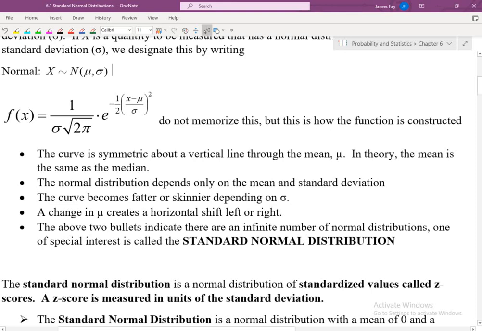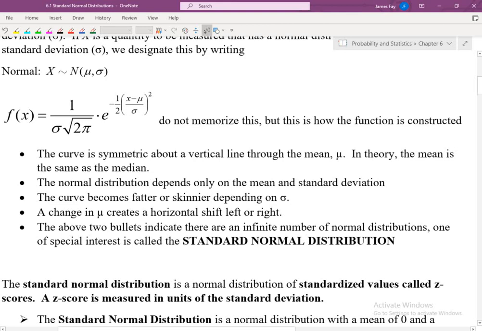Sigma is a real number, 1/2 is a real number, x is our variable, mu is going to be a real number. And mu, though, is a variable value. And so is sigma. So those are the only two things that are going to dictate what our curve looks like. Like I said, we like to make mu 0 and sigma 1. And that gives us a pretty nice curve.